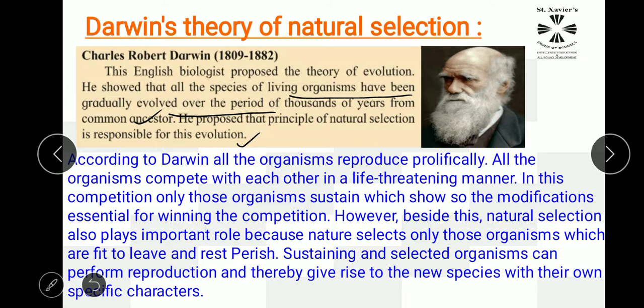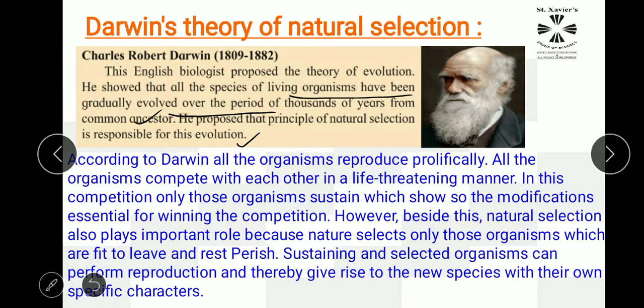When a tiger attacks that group of buffaloes, what happens, students? They start running away from the tiger. But those buffaloes that are fit enough to run away from the tiger and save their life will be able to survive.